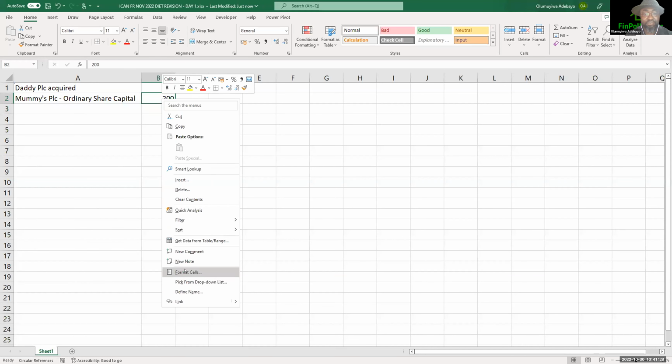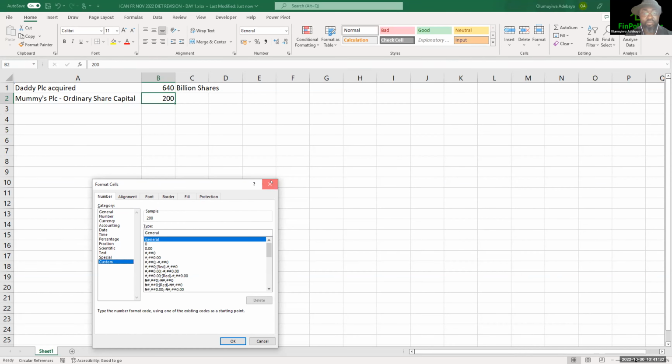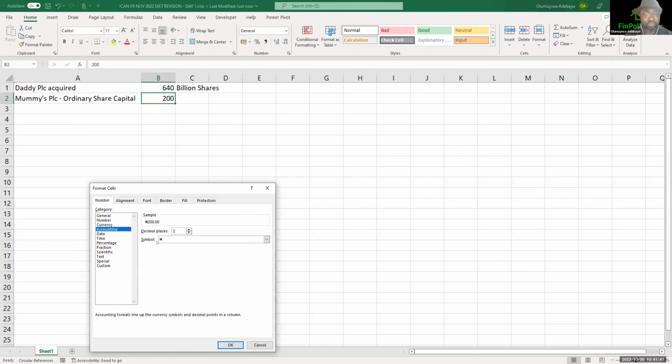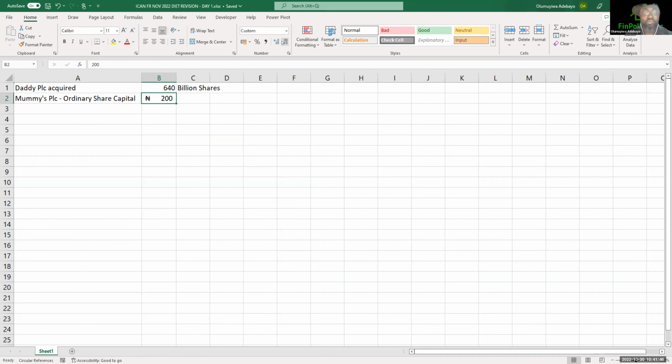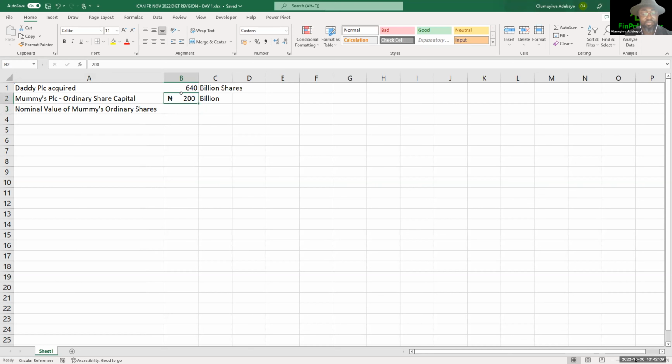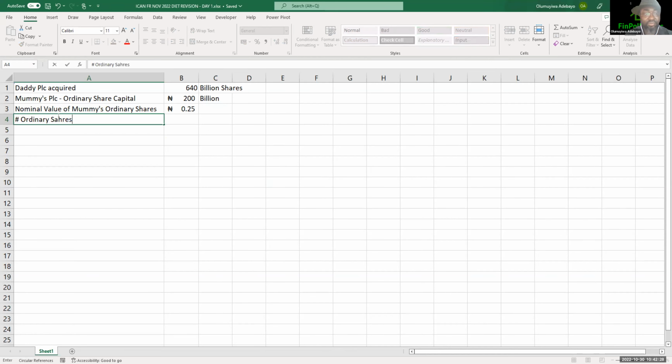The nominal value of Mommy's ordinary shares is said to be 25 kobo. Now, the first issue that we try to solve is the number of ordinary shares of Mommy in issue.